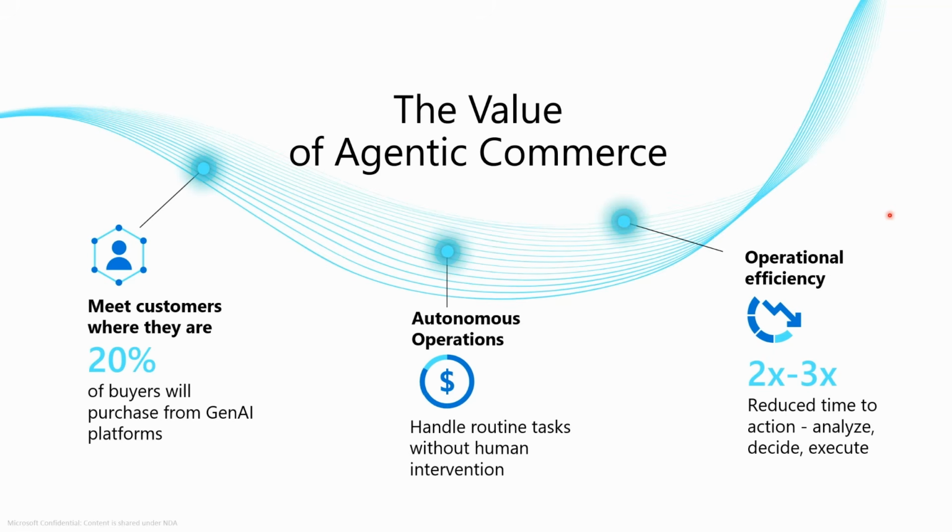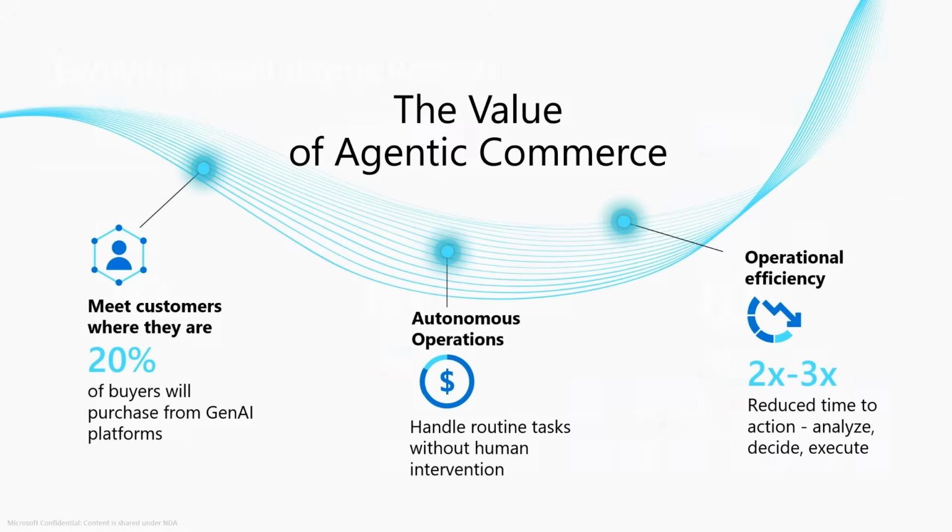You also want the ability to have your routine tasks taken care of in an autonomous manner, and to improve your efficiencies. If you have been on our journey, we have tried to bring experiences for your store associates to have improved operational efficiency by bringing Copilot scenarios.